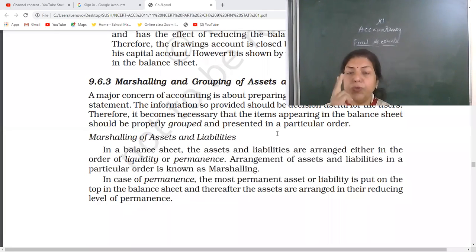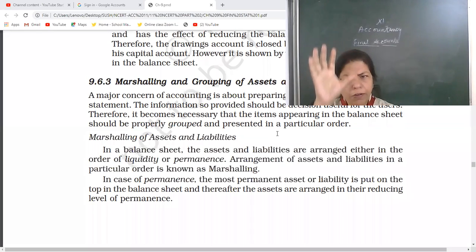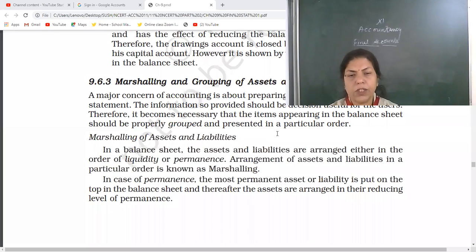So there are two ways, permanence and liquidity. When we show the assets and liabilities in a systematic, arranged way, then it is known as marshalling. Now, liabilities and assets are arranged in two ways, either liquidity or permanence. So when we arrange assets, that is marshalling.